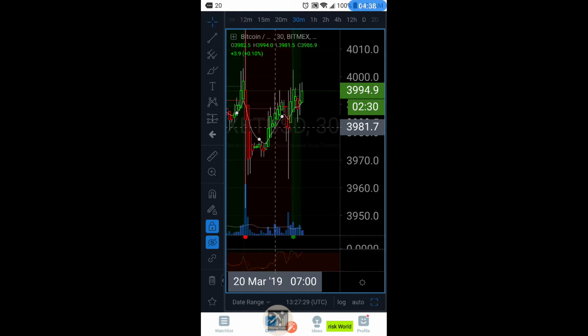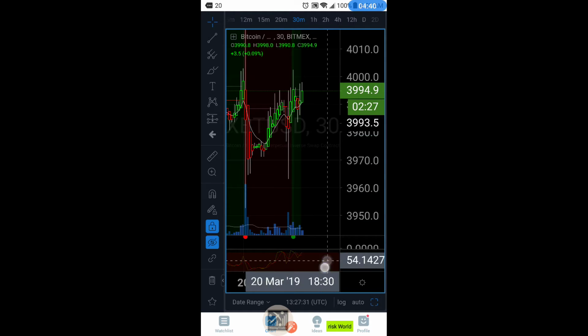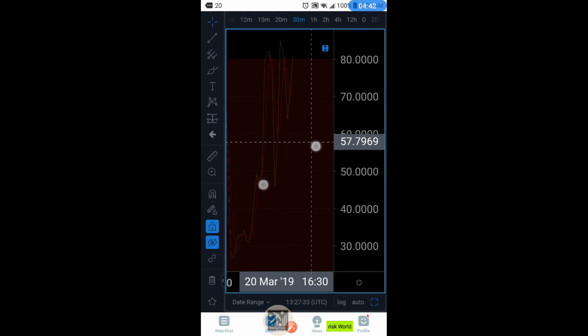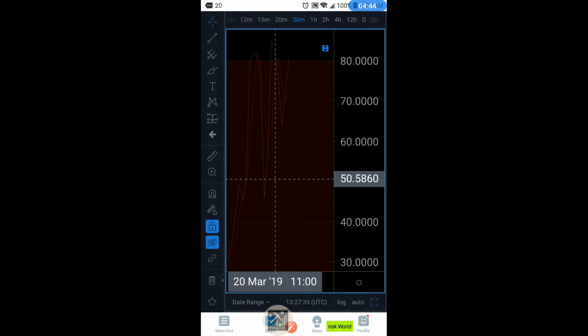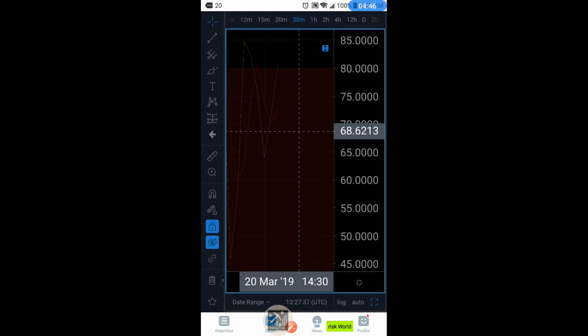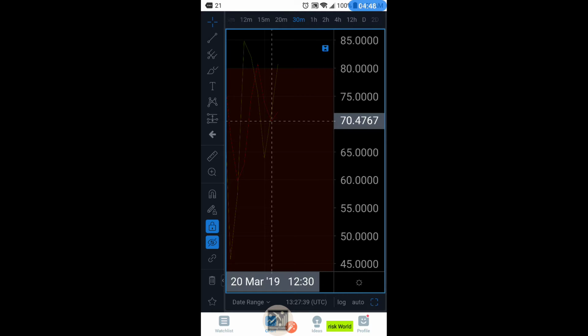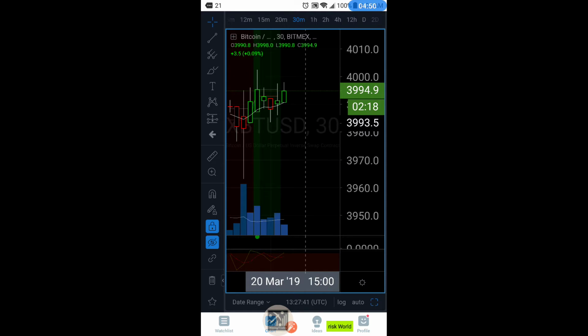We're also going to be looking at the stochastic crossings right here to let us know we're going up, like right there. We got a cross up right here, a cross up down there, and a cross up right here. So I'm looking at the stochastic, and that's crossing up.